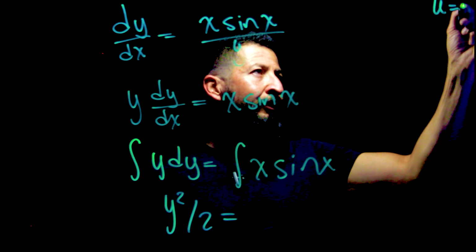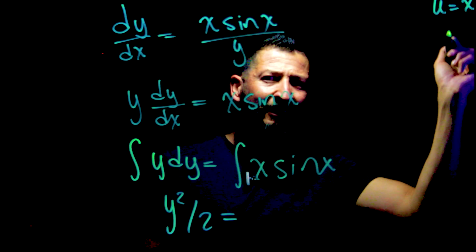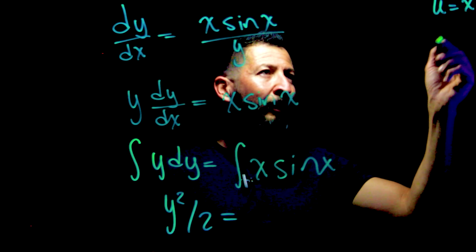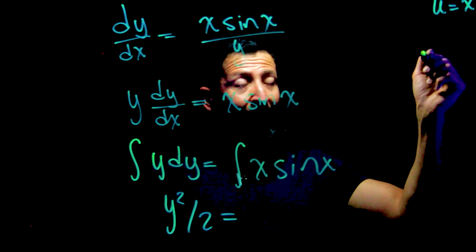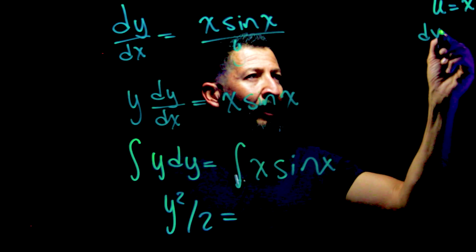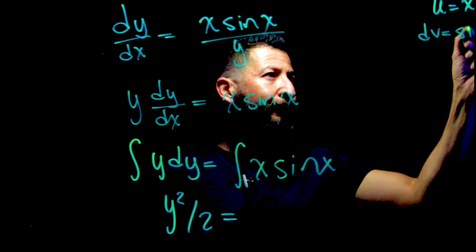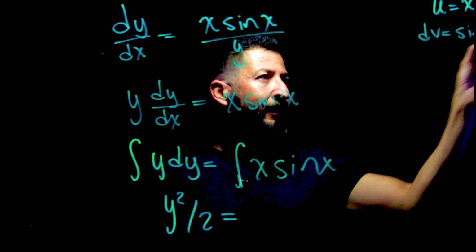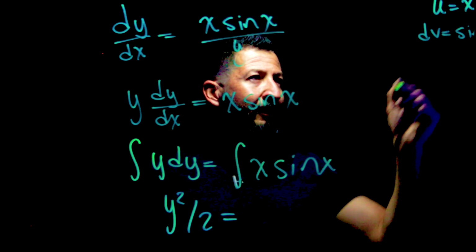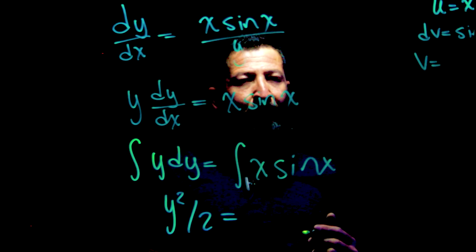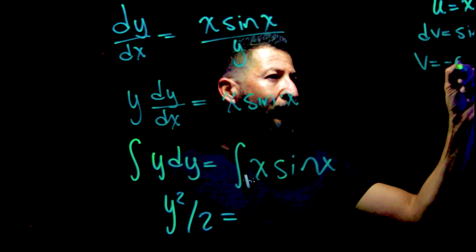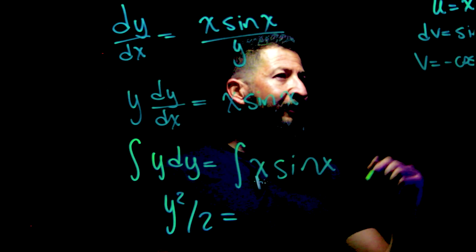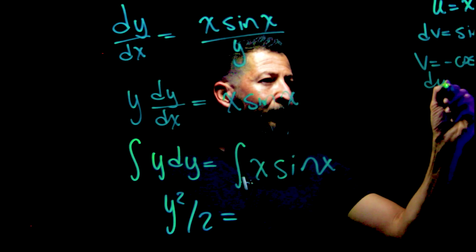I'm going to grab u as x, because that's written on the screen. It's very borderline, so I'm going to keep writing down below. And then dv, I'm going to write as sine of x dx, of course. And then v is going to end up being negative cosine of x, and du is going to be dx.